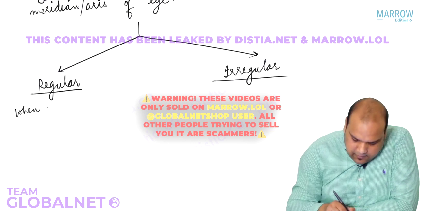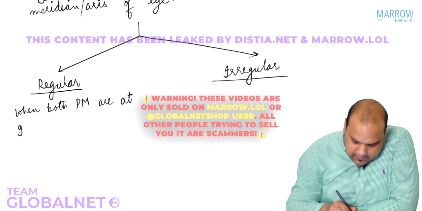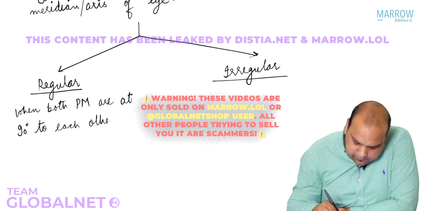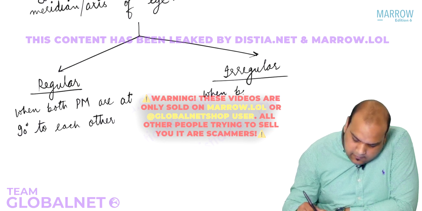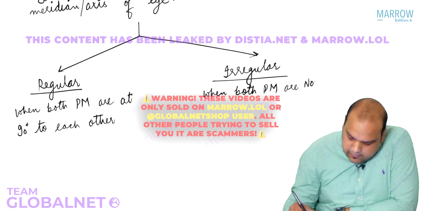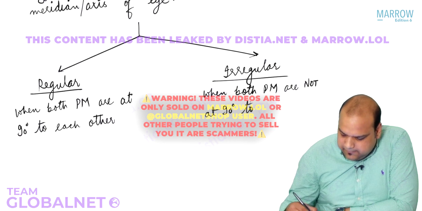When both principal meridians are at 90 degrees to each other. Irregular, when both principal meridians are not at 90 degrees to each other.